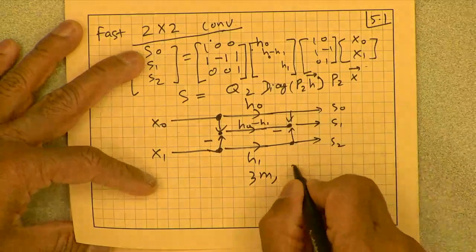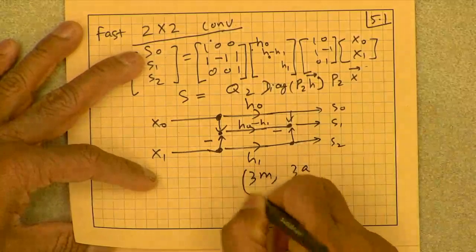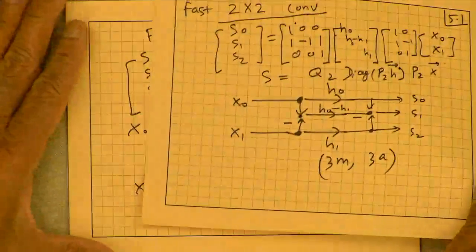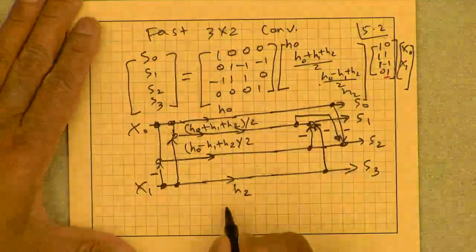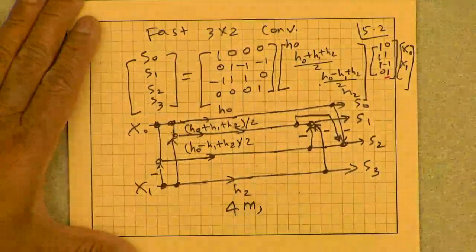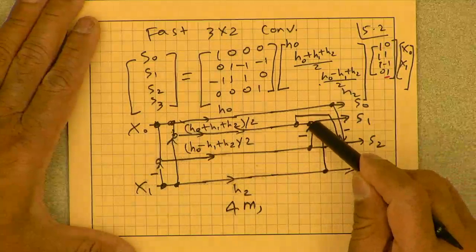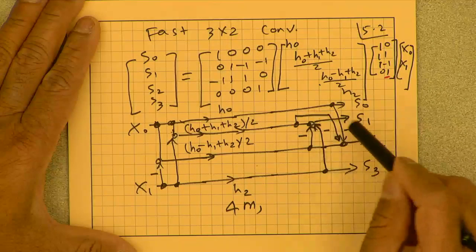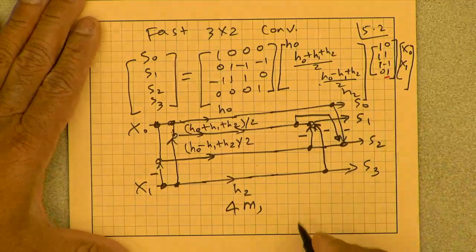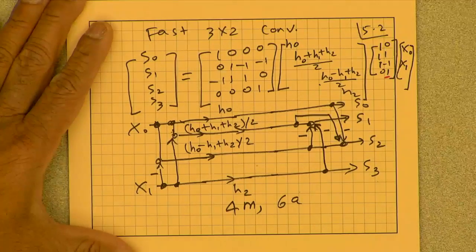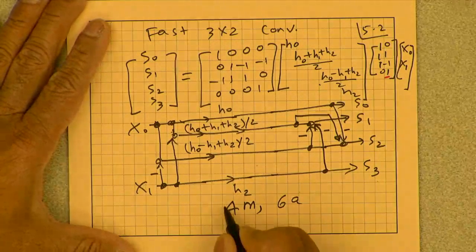So 3 add operations. So that's the complexity of this 2 by 2. What about here? We have 4 multiplies. How many add operations? 1, 2, and this one is 2, and this one is 2. So 6 add operations. Any question about that? 4 multiply, 6 add.